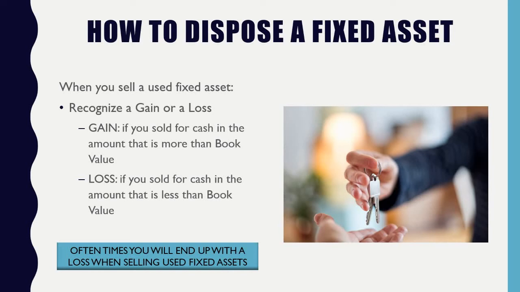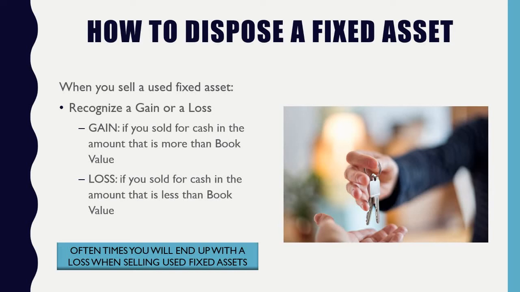So in this case, we need to figure out two things, right? If I were to sell my fixed asset, whether I sell or whether I discard it, I need to figure out, am I taking a loss or a gain? Now, in most cases, if you're going to be throwing an asset in the trash, you're taking a loss.